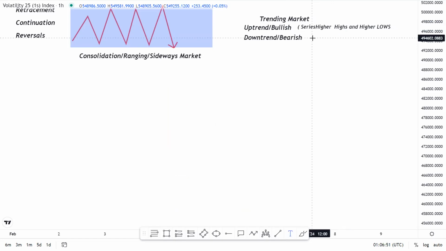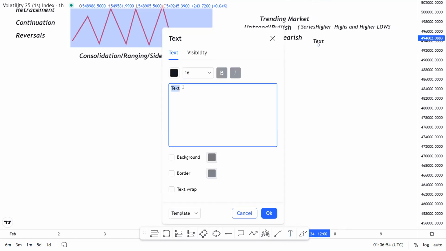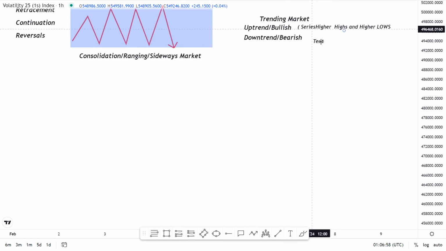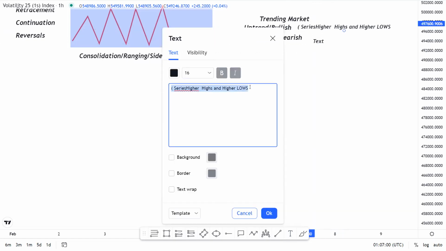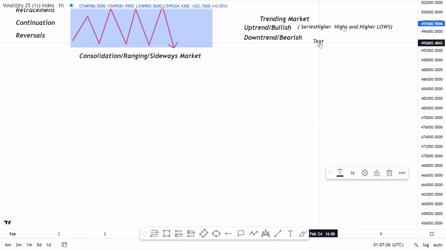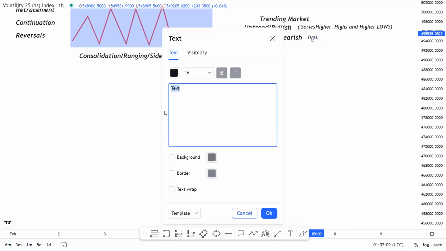And then a downtrending market or the bearish market is a market condition characterized by price providing us with a series of lower highs and lower lows.